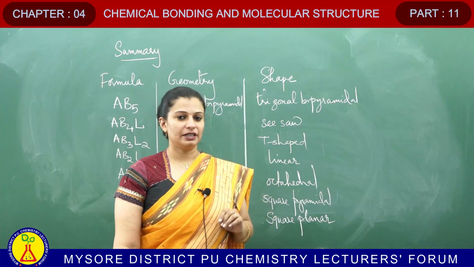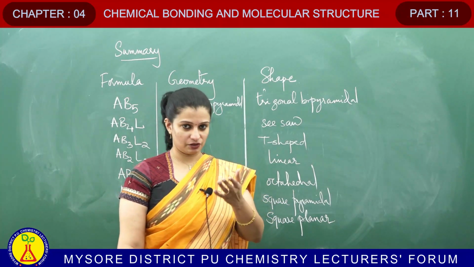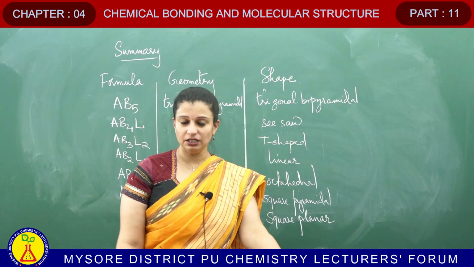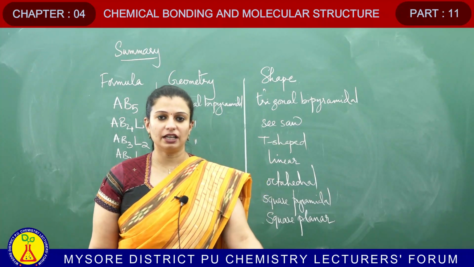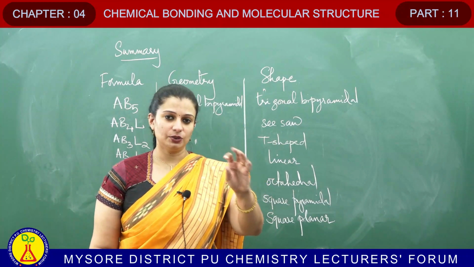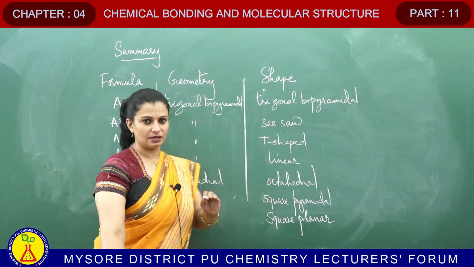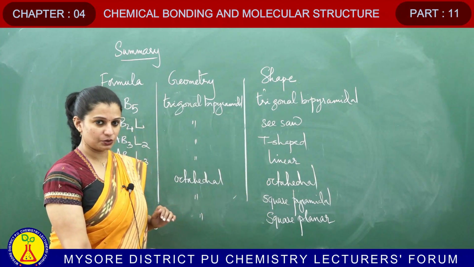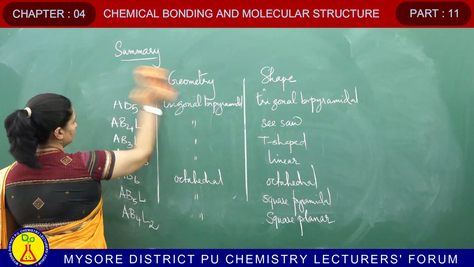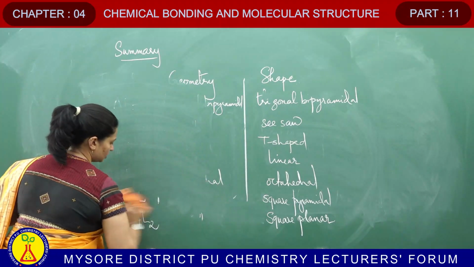Along with it, I will explain how to get the hybridization also. Of course, hybridization comes under valence bond theory, but I will use this method to help you recognize the hybridization also. Some 5 or 6 examples we shall do under this.